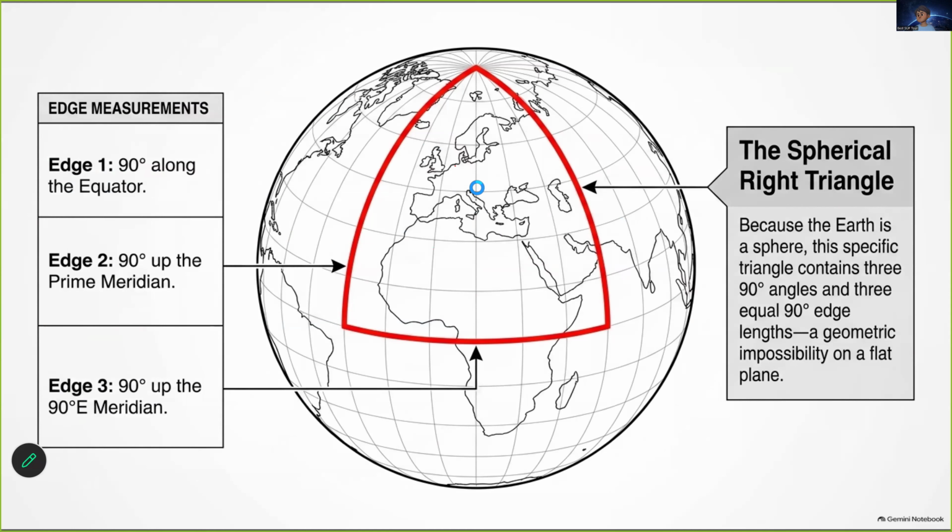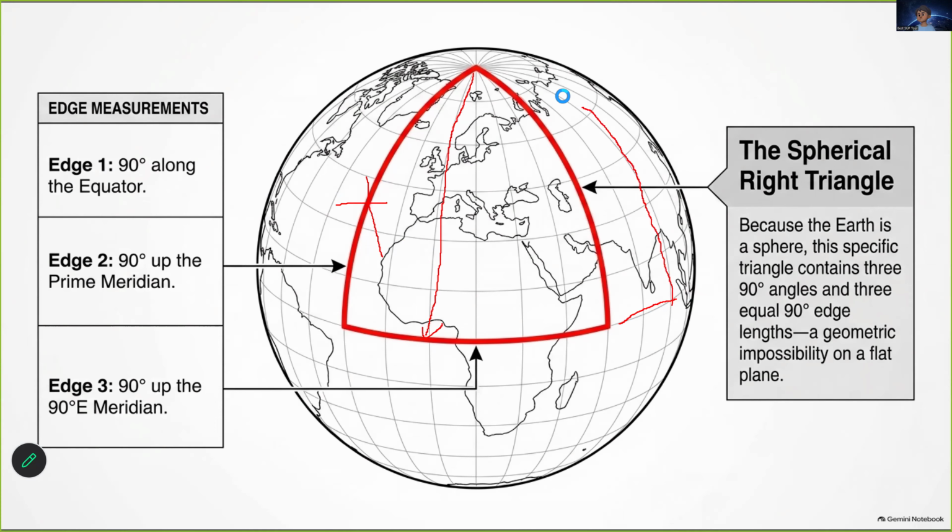It's long. This is the prime meridian and this line. Not this one. The AI is not good. And also this is 90 degrees east.